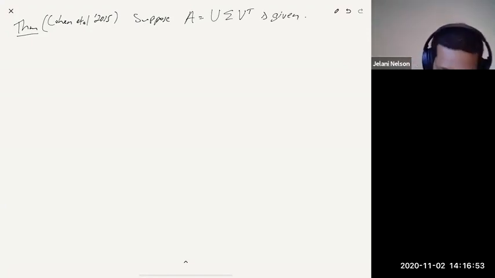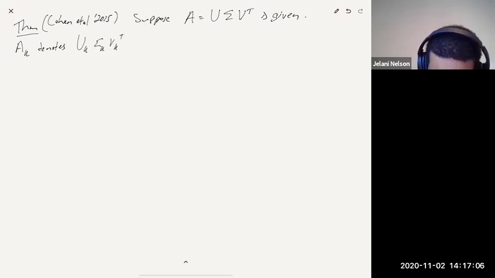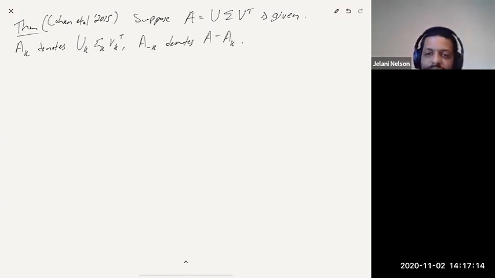Also, A_k denotes U_k sigma_k V_k transpose, and A_{-k} denotes A minus A_k. In other words, A_k is what you get when you project using U_k transpose, and A_{-k} is where you project to the orthogonal space, so you project using identity minus U_k transpose, for example.